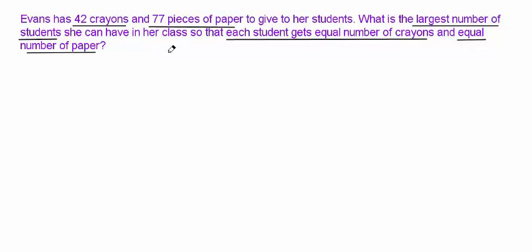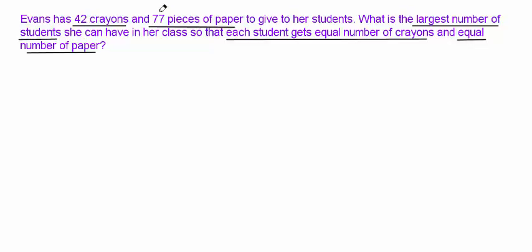So that tells us that the number of students, whatever that is, has to be a factor of both 42 and 77. Because if you divide 42 by a certain number, you don't get a leftover only when that number is a factor of 42. For example, 6 or 7 or even 2.